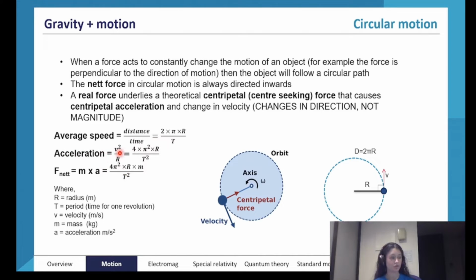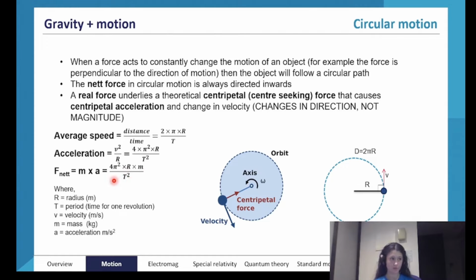The acceleration is given by velocity squared divided by the radius, which is equal to 4 times pi squared times the radius divided by the period squared. And then the net force is equal to mass times acceleration, or 4 pi squared r times m divided by the period squared.